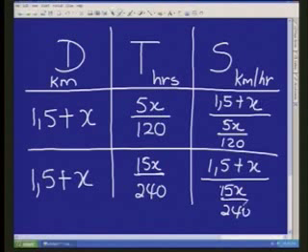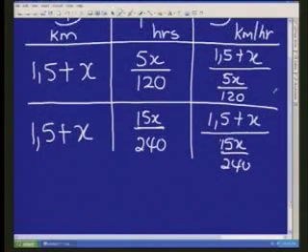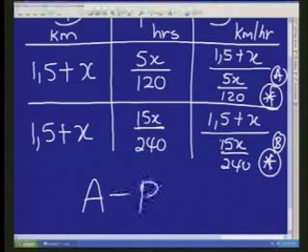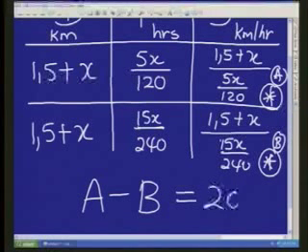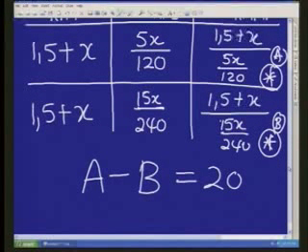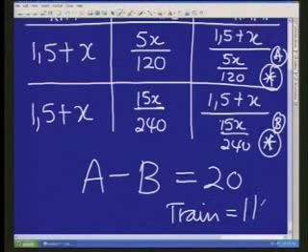All we know is that the difference between this and this was when the train had to slow down. So let's call this A and this B: A minus B is a difference of 20 kilometers per hour. If you substitute all those expressions in, you're going to find that the train is actually equal to 1 kilometer.